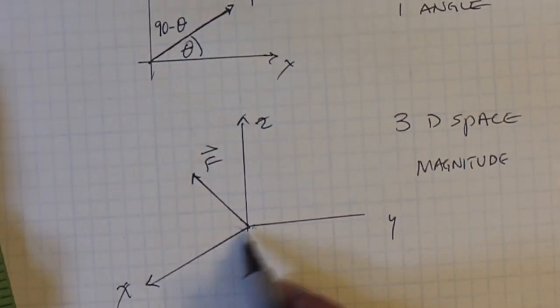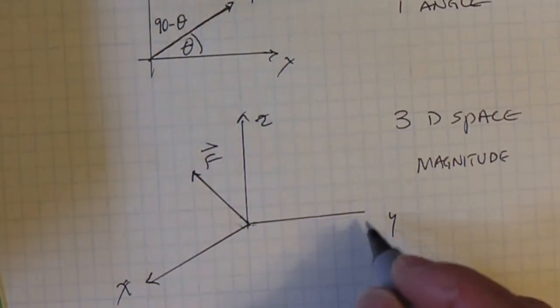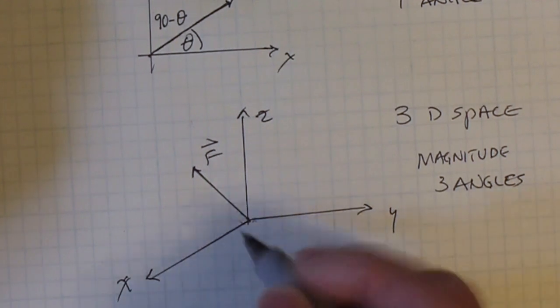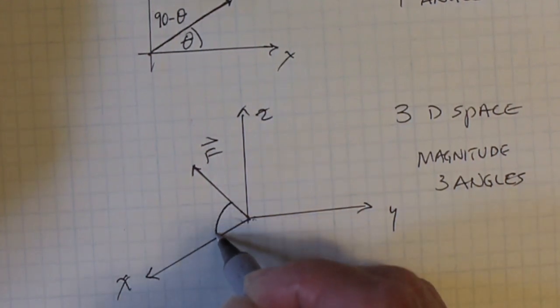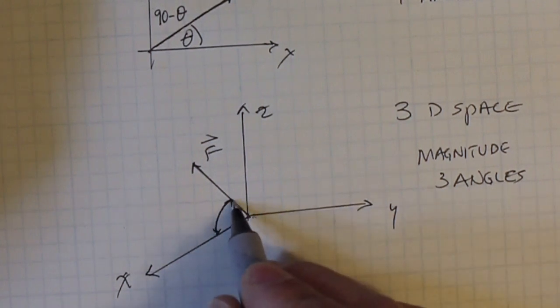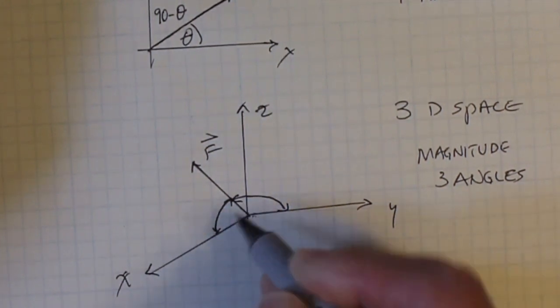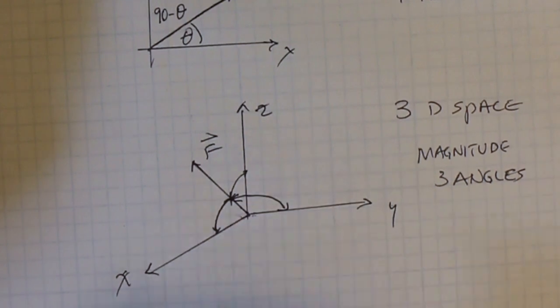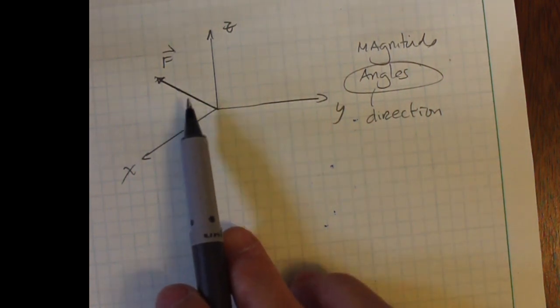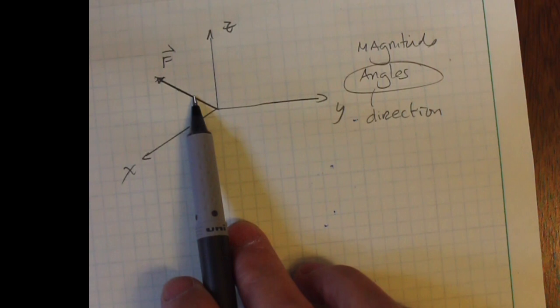But because it has x, y, and z, we actually need to specify three angles. We need to know what the angle that force vector makes with the x-axis, the y-axis, as well as the z-axis.